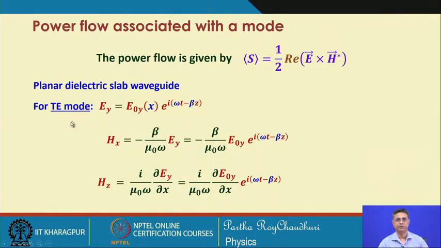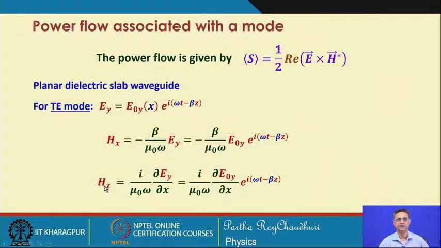So, for TE modes, we represent the electric field in this way: U y equal to the amplitude E 0 y as a function of x, which varies across the waveguide dimension x, and this phase factor e to the power of i omega t minus beta z. Now, H x and E y are connected, as we have seen through this expression, which is a consequence of Maxwell's equations, and writing explicitly the electric field we can write in this form.